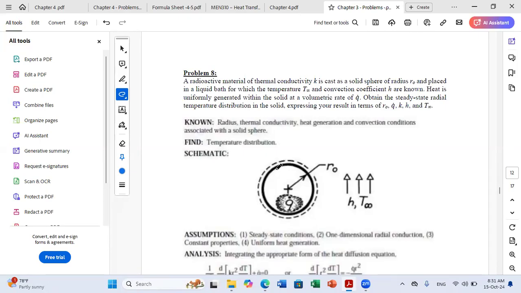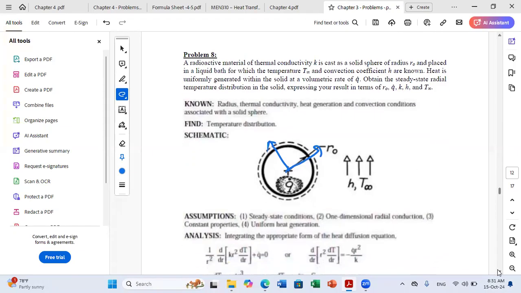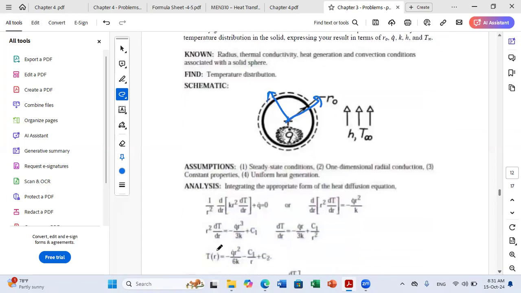You only have variation in the radial direction, so you have a 1D case, and you have q dot. If you simplify your terms, you end up with the following equation: 1 over r squared, derivative with respect to r of k r squared dT by dr, plus q dot equals 0.